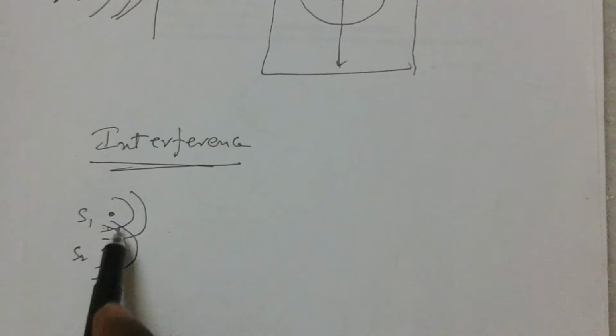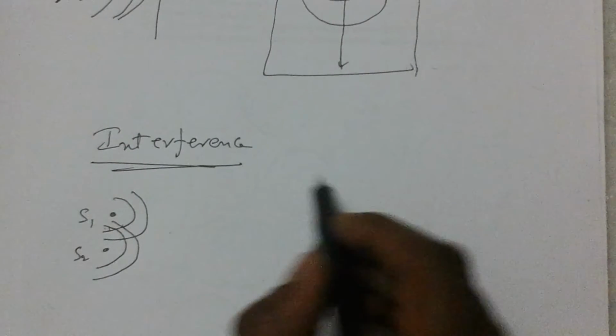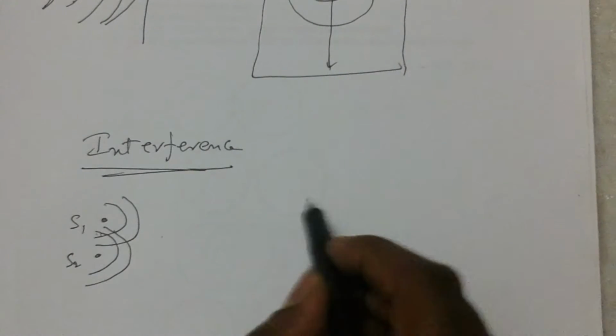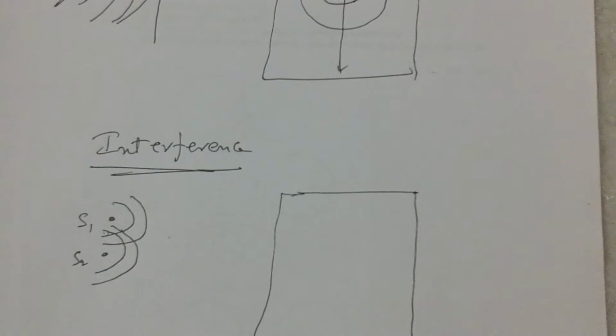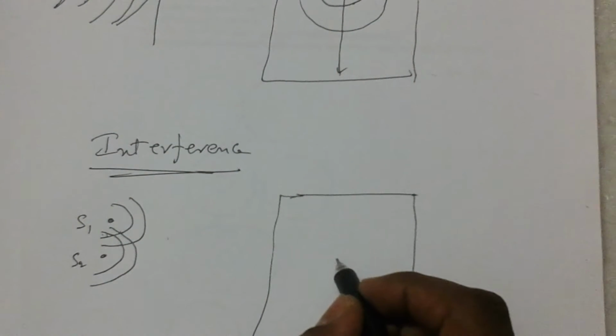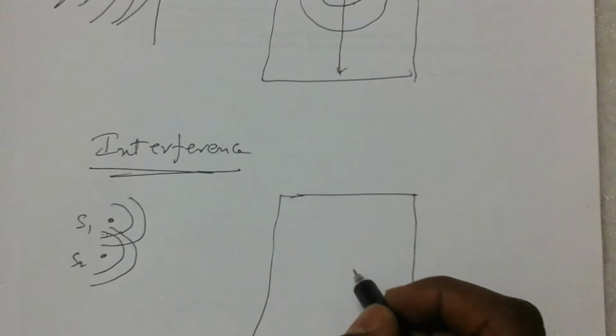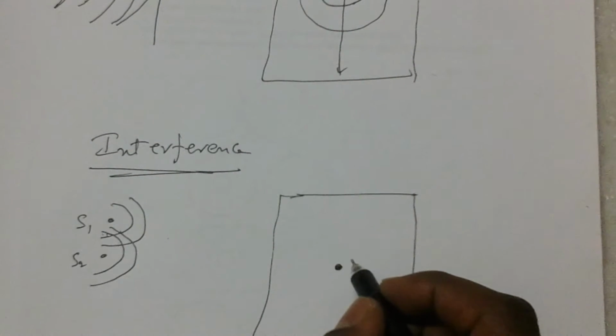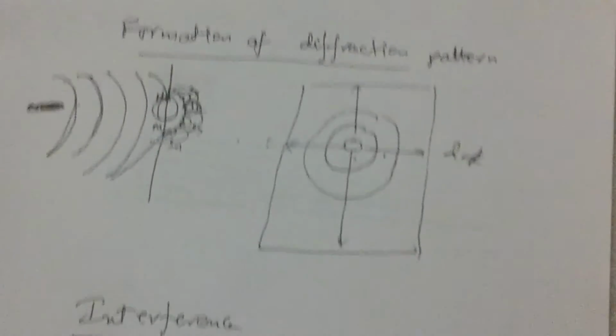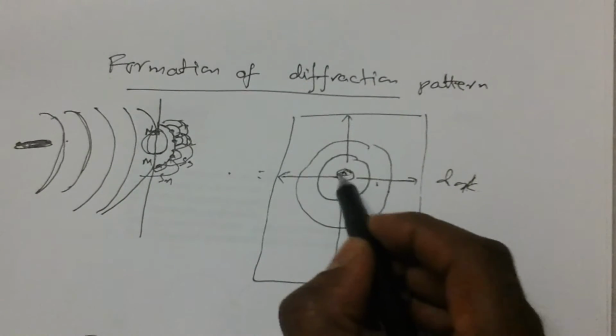Like this, two waves are superimposing, and on the screen you are getting the same pattern as diffraction, but on the diffraction pattern the central will be dark.